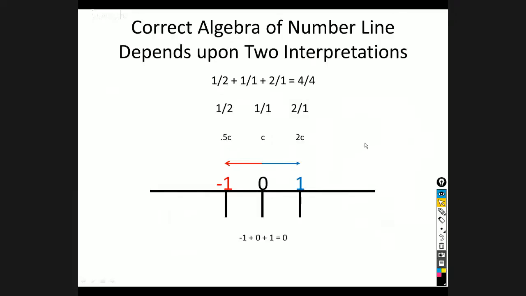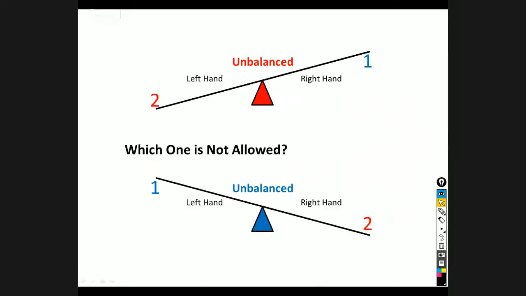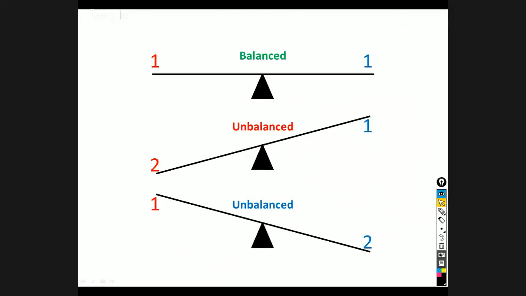All right, so if we put these together, oh gosh, I forgot to change the focus. If we look at the one interpretation, and we need both of them, the 1 over 2, and then the 1 over 1 would be here in the middle, and then 2 over 1 would be on that side.